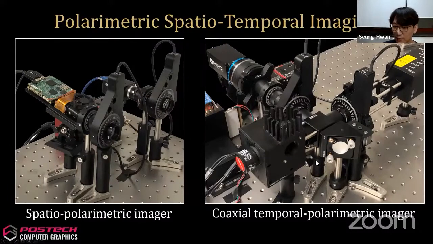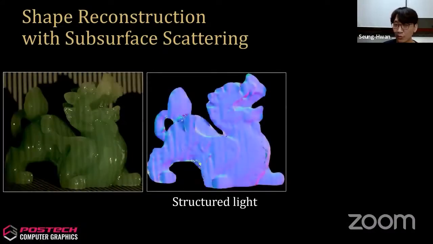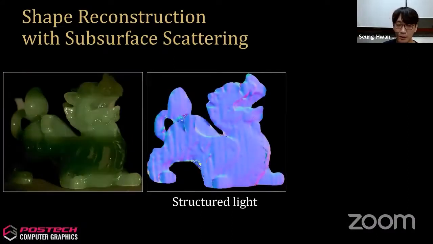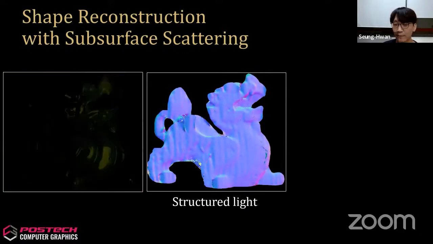On the right-hand side, we have the coaxial temporal polarimetric imager that enables us to capture the light transport in terms of polarization and time, but not in the spatial dimension. With these 2 separate imaging modalities, we demonstrated many applications that could benefit from analyzing these different dimensionalities jointly.